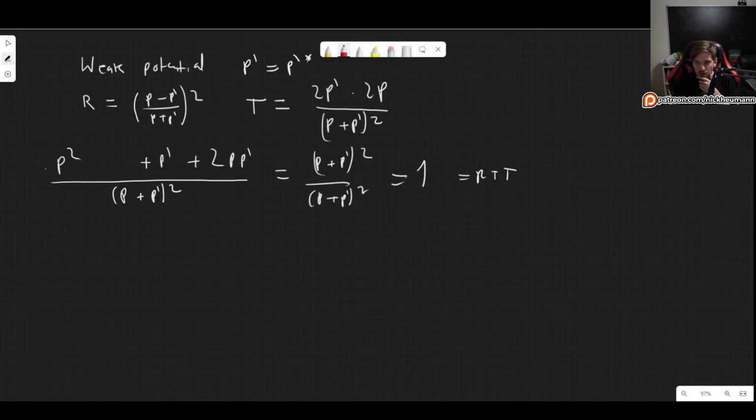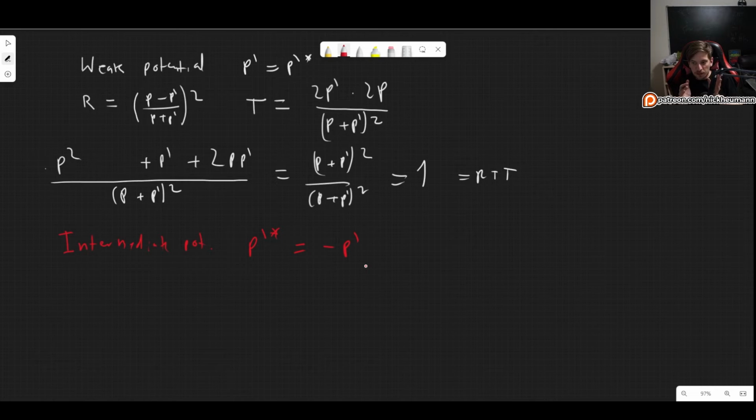Now let's go for the intermediate potential. So in this case, we know that p prime is purely imaginary. So that means that p prime conjugate is minus p prime, right? It is purely imaginary.